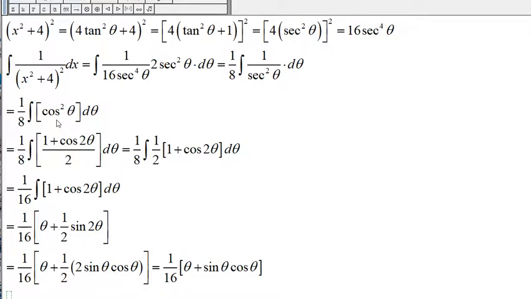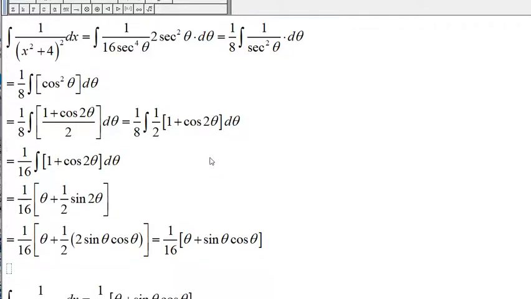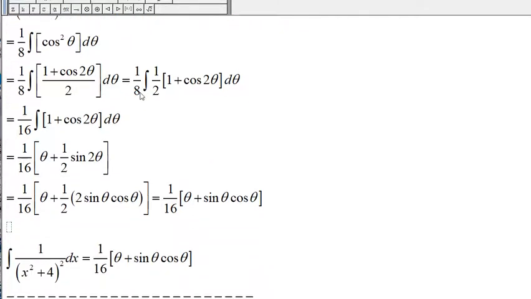From trigonometric identities, cosine squared is (1 plus cosine 2 theta) over 2. We can rewrite this expression as 1/2 times (1 plus cosine of 2 theta). 1/8 times 1/2 is 1/16.